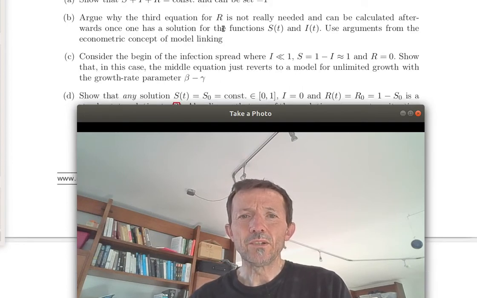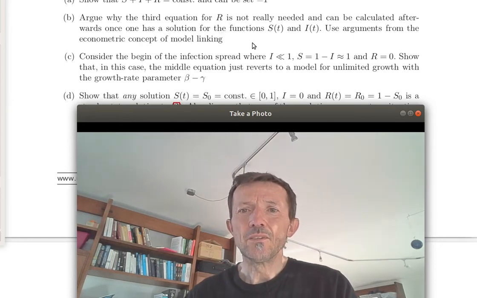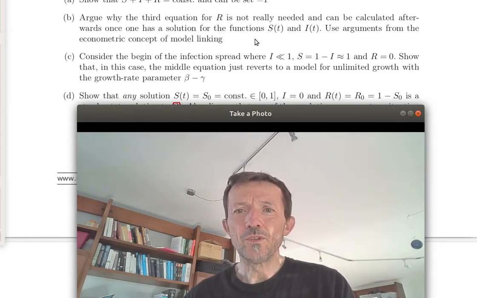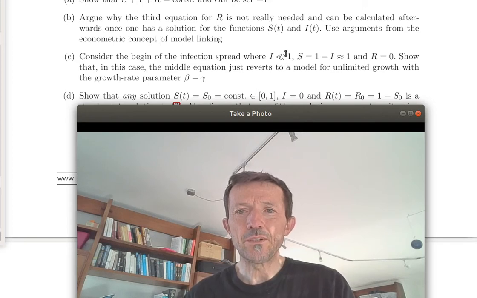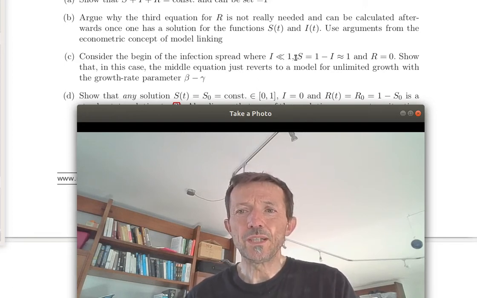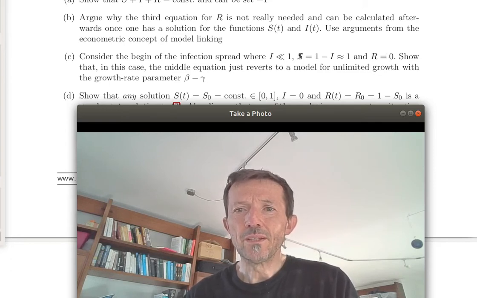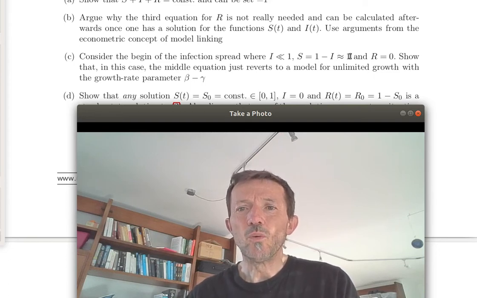Now we want to calculate something. Consider the beginning of the infection, where at the beginning, obviously, the fraction of infected is much less than 1. It must be greater than 0, because otherwise the infection cannot start. And that also means we have no recovered person yet. That means the number of susceptibles, 1 minus I, is essentially 1.